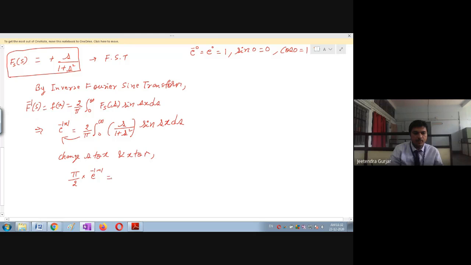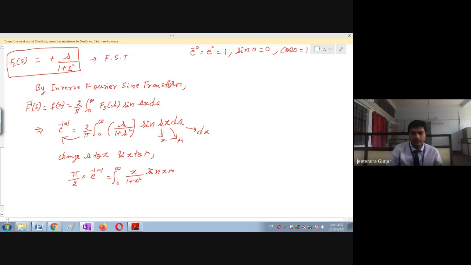So this is equal to, now this is again integration 0 to infinity. Now s is going to change to x, so I'm going to take this as x divided by 1 plus x square, sine sx changes to sine mx, and obviously ds will change to dx.